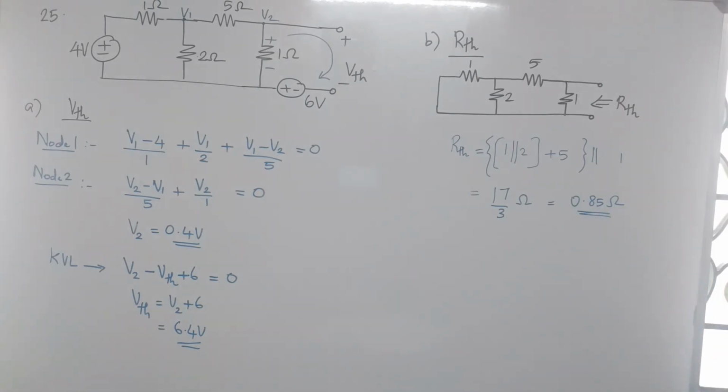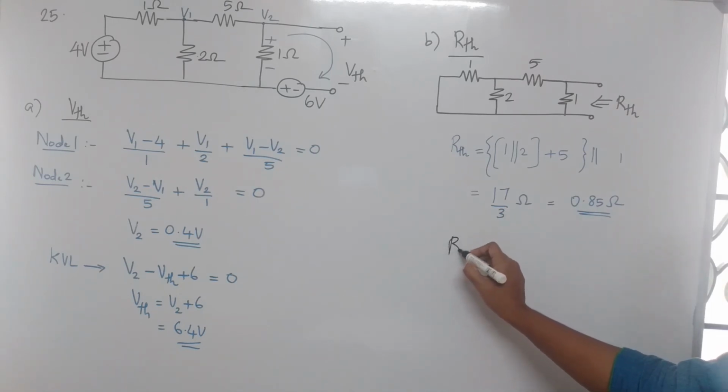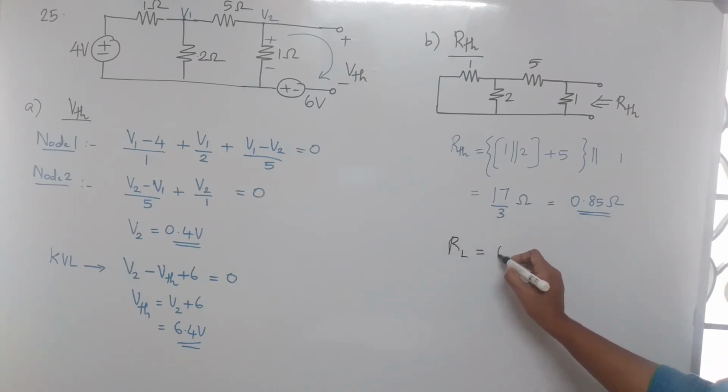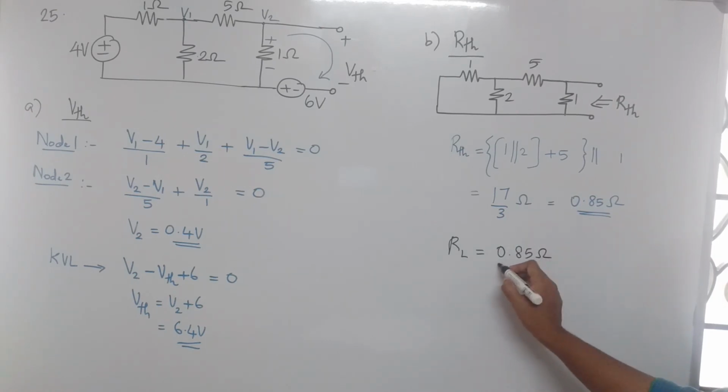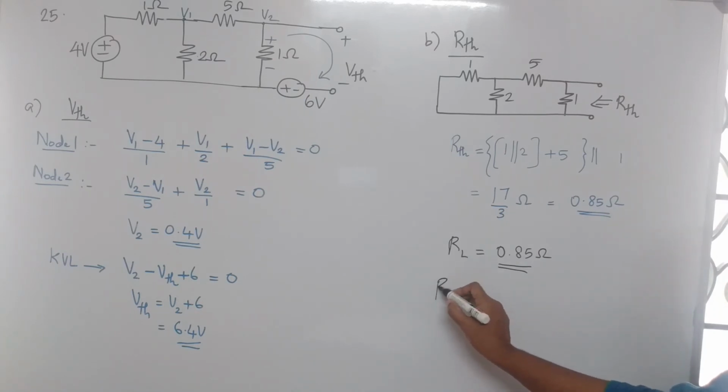So we got VTH and RTH. So the value of RL for which maximum power transfer should take place is equal to 0.85 ohm. And what is Pmax?